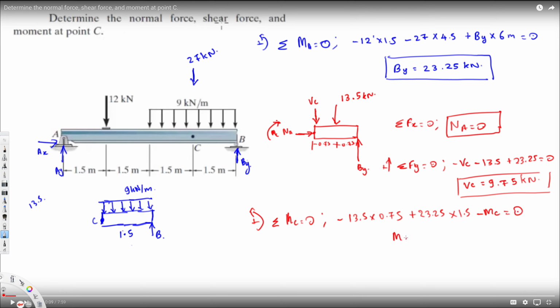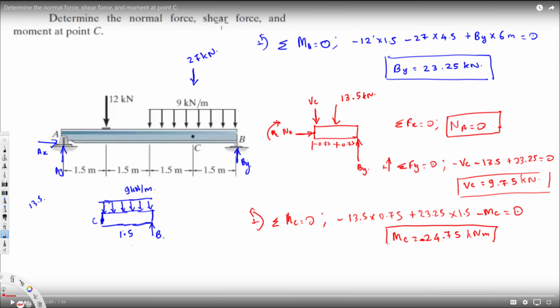If I solve for MC, I will get negative 24.75 kilonewton meter, which is negative. So I know this MC is acting clockwise.